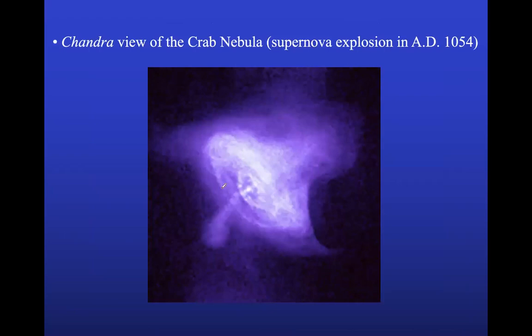And you may not have an idea about these nebulas. Nebulas are actually related to star formation. We will talk about that in this particular section. But in general, you probably have heard this word nebula, and this is an image of the Crab Nebula taken from the Chandra X-ray Observatory.